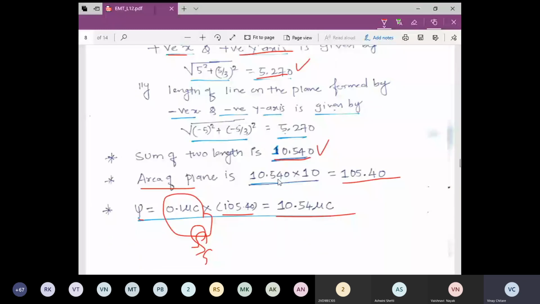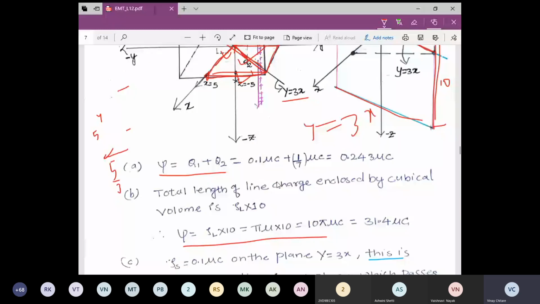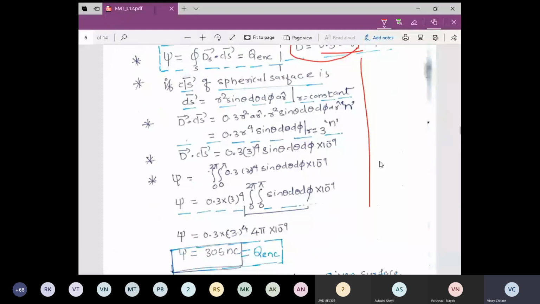So now, these are the problems on Gauss's law. You can recall that in the previous lecture we tried to solve one problem. There was a sphere and a charge placed inside the sphere at the center, at the origin.